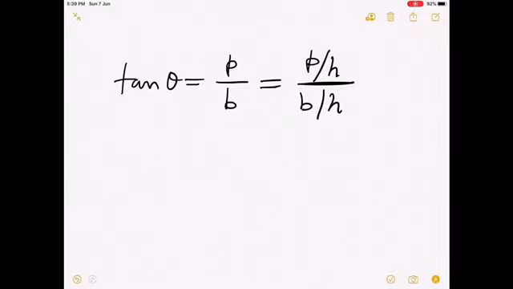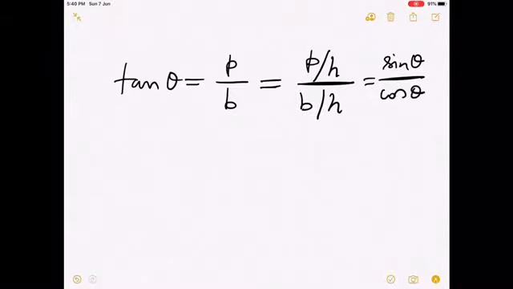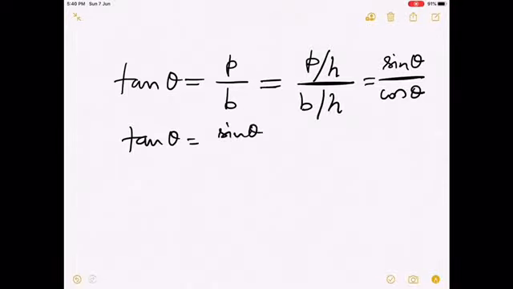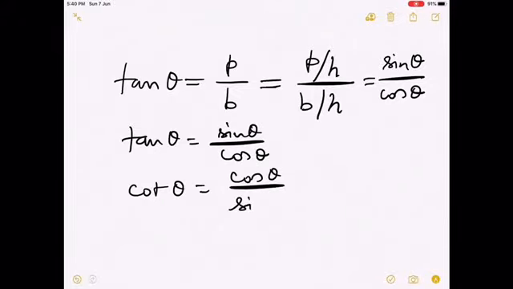So we are dividing both numerator and denominator by the hypotenuse, and we get p upon h upon b upon h. But we know p upon h is nothing but sin theta and b upon h is nothing but cos theta. So we get this formula that tan theta is equal to sin theta upon cos theta, and same way cot theta is equal to cos theta upon sin theta.